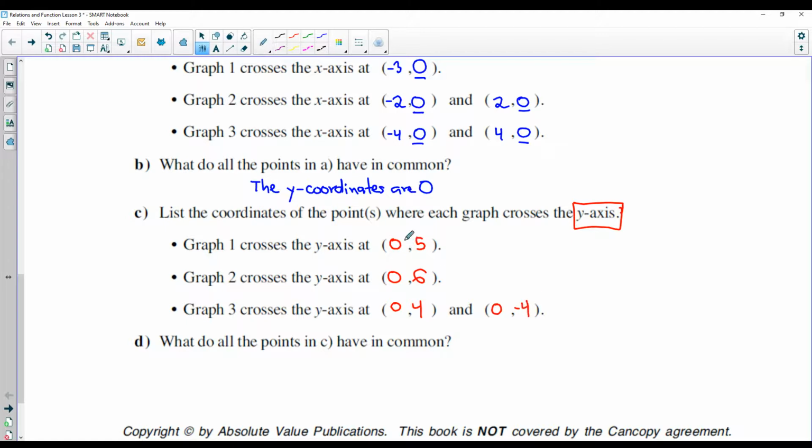So what do these points all have in common? Every x-coordinate is 0. So the x-coordinates are 0.